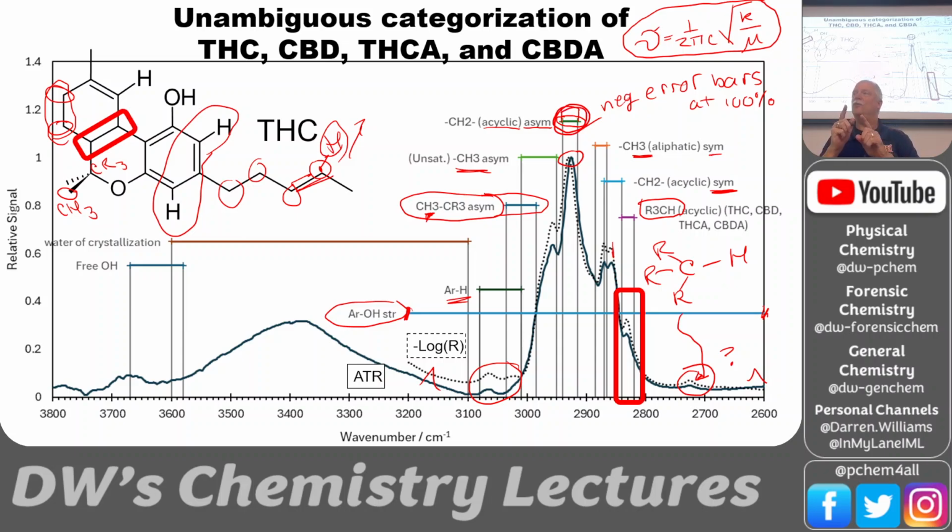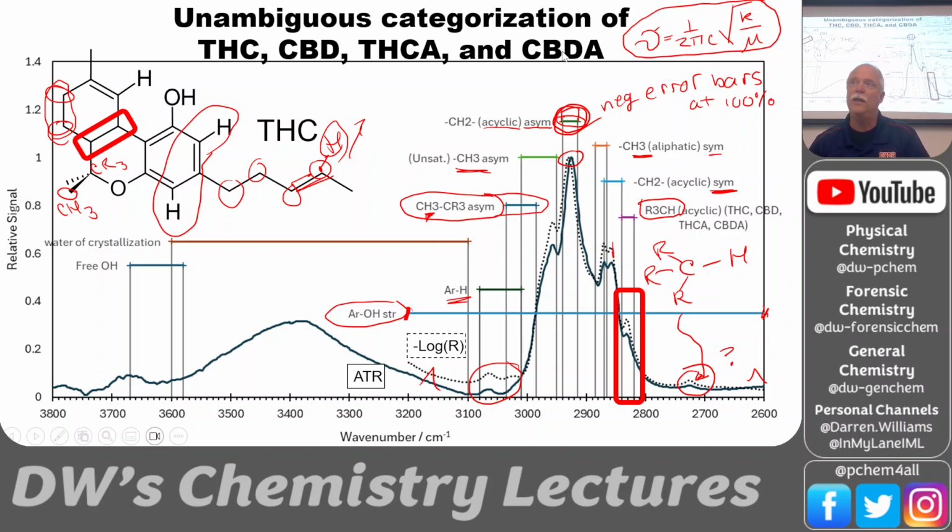So that one is a good one. The narrower the range, the more consistent that vibration is in all the different compounds. So the OH stretch is not consistent for phenols. It depends upon what's substituted on that ring.